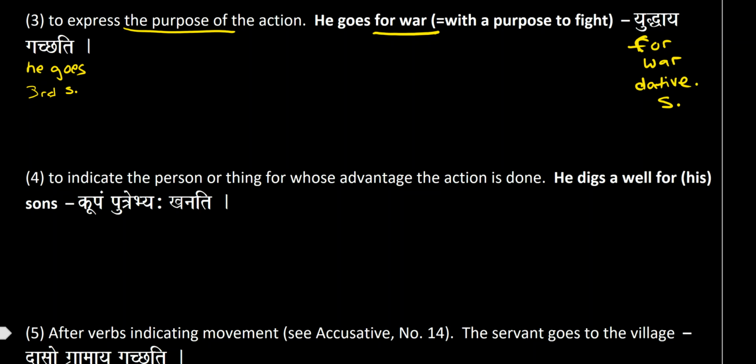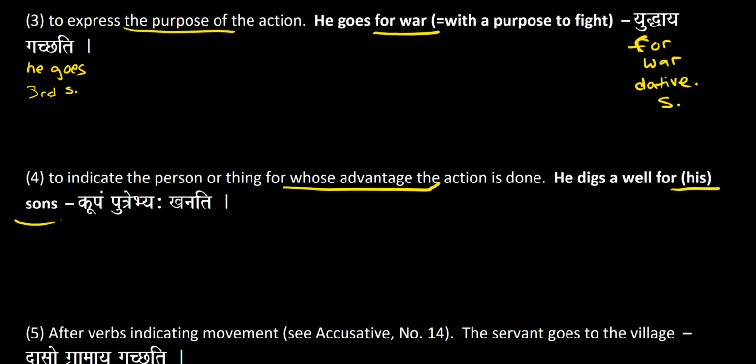So whose advantage is the well for? It's for his sons. So the sons are the advantage in this sentence. That's why his sons are going to be declined in the dative case.